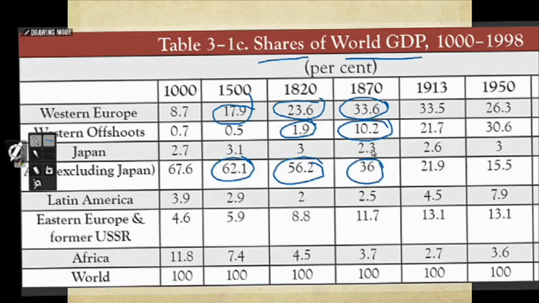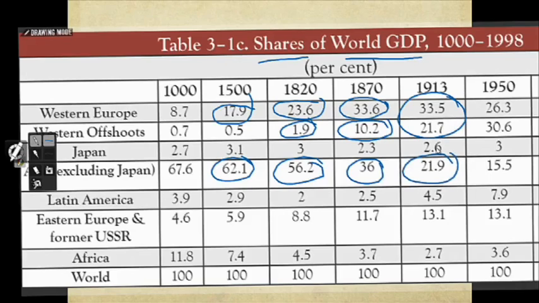And actually, you can see the momentum now carrying forward. If we jumped forward another 43 years to 1913, between Western Europe and the United States and South America and Australia and so on, well, you've got more than 55%. The majority of the world's output is now coming from those places.